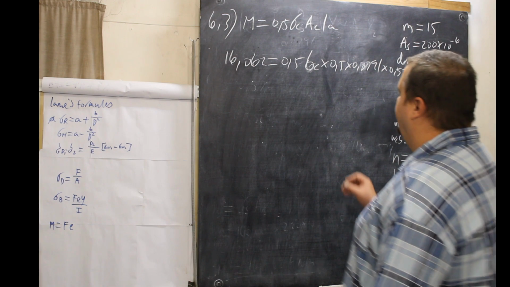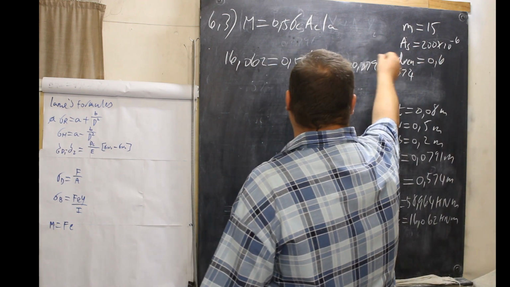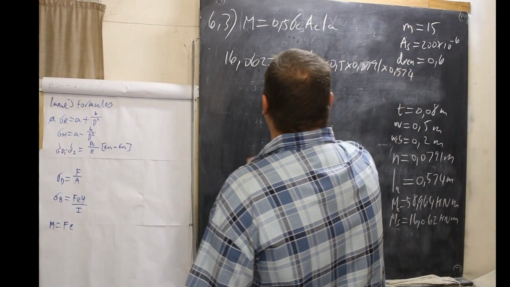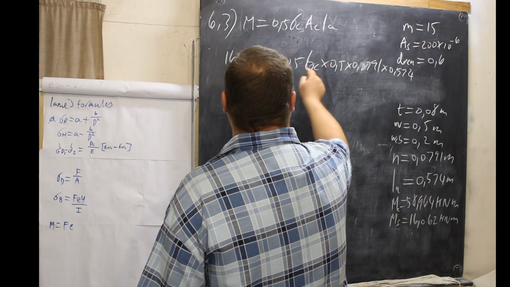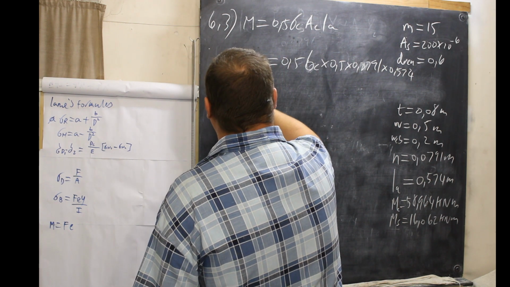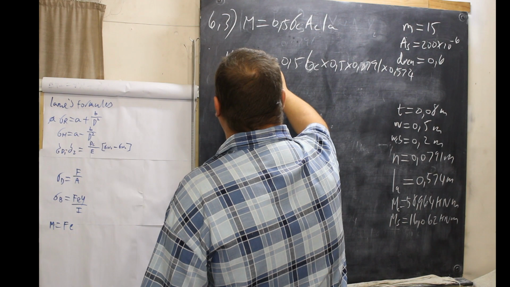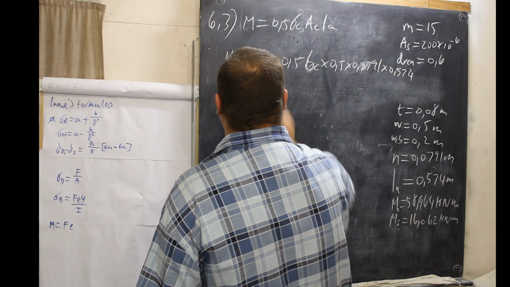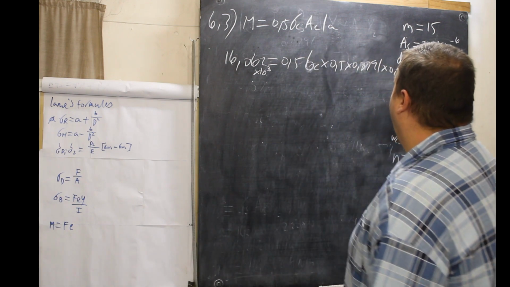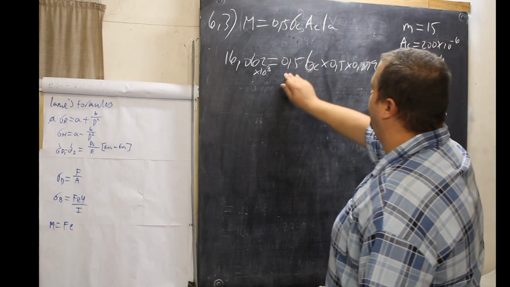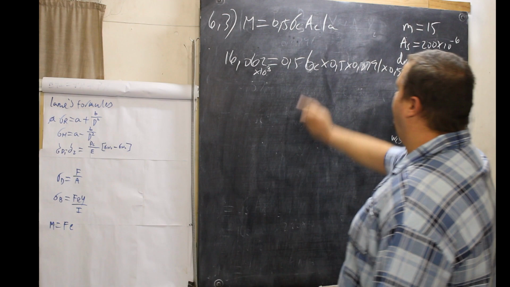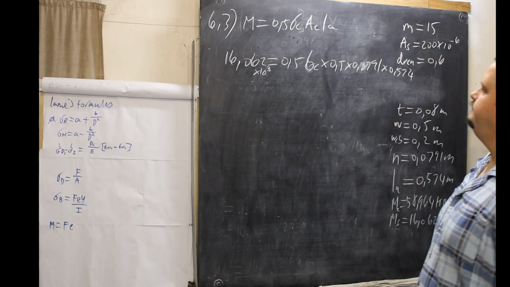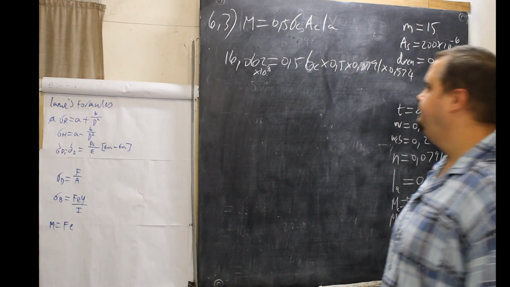All we have to do here is manipulate the formula, and then we get the stress. And this is times 10 to the 3. All we have to do is take all of these and divide them by this, and we get our stress.